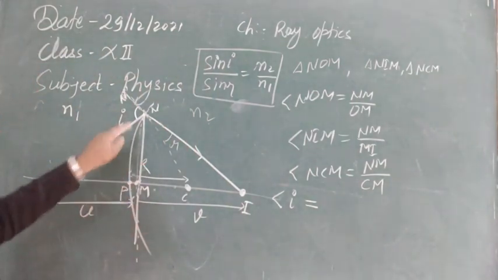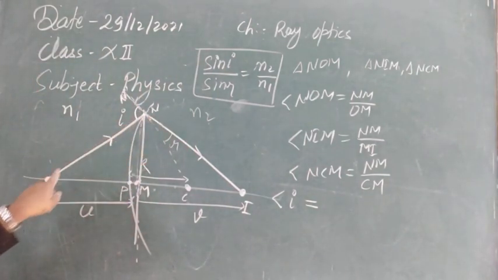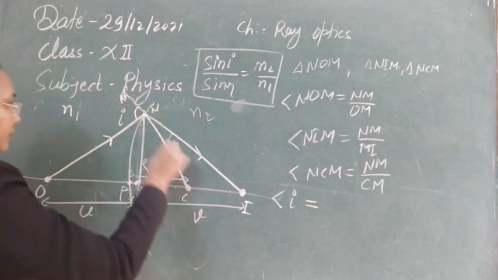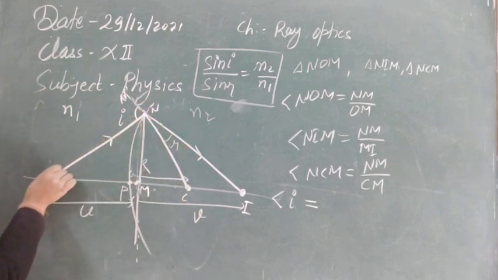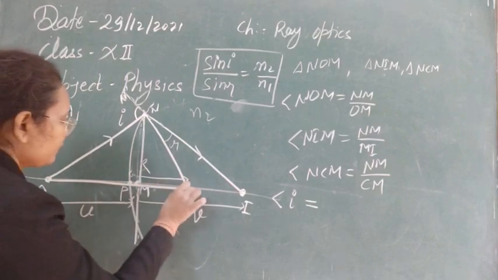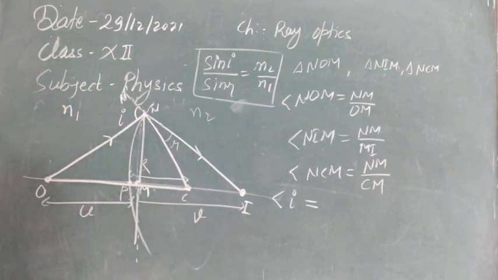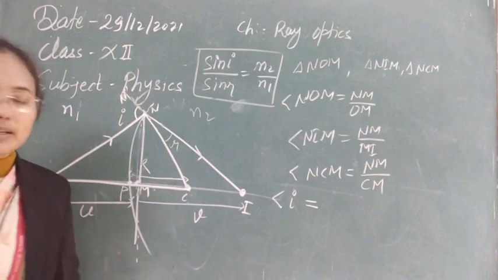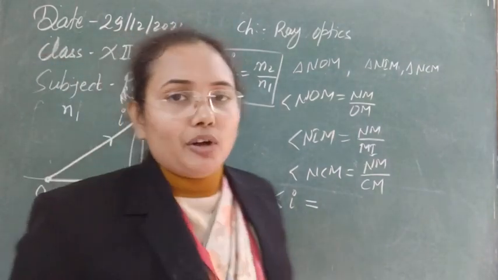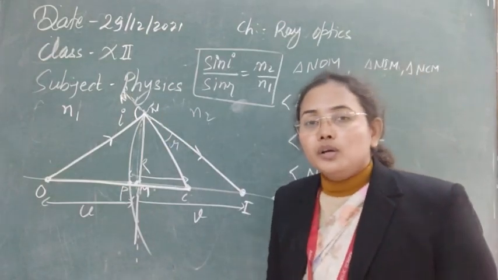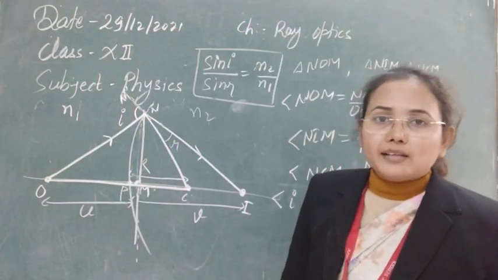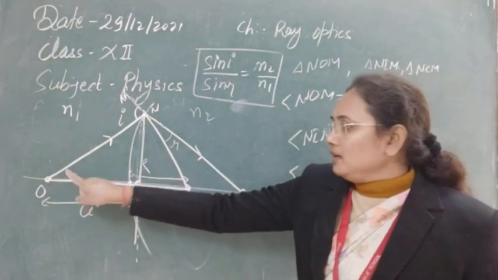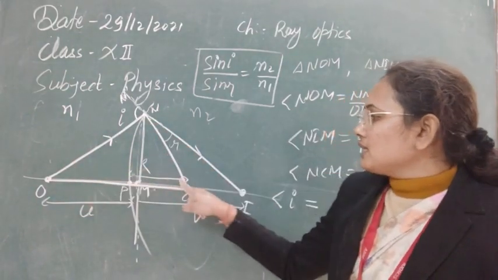As you will see, the triangle NOC, I am talking about this triangle, in this triangle I is the exterior angle. So we can use the concept that the exterior angle is equal to the sum of the two opposite interior angles of the triangle. The opposite interior angles are this angle and this angle.